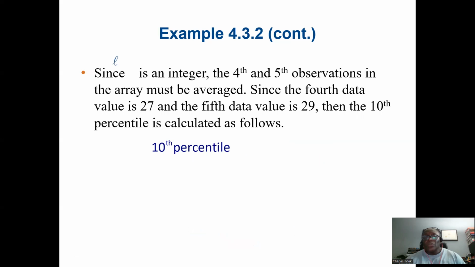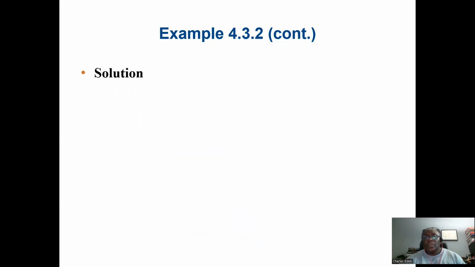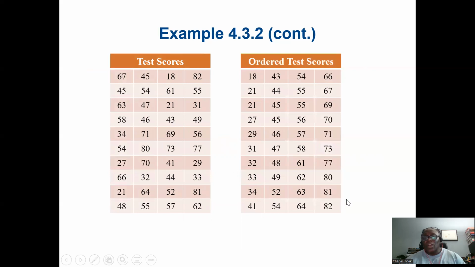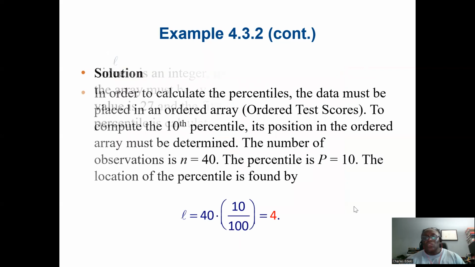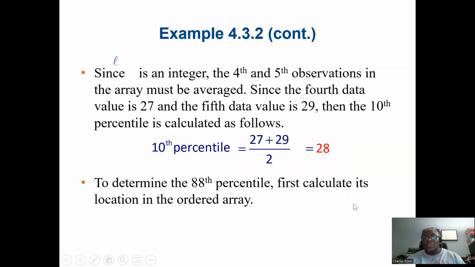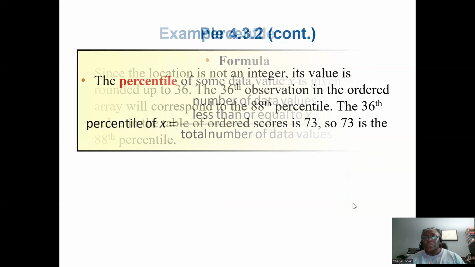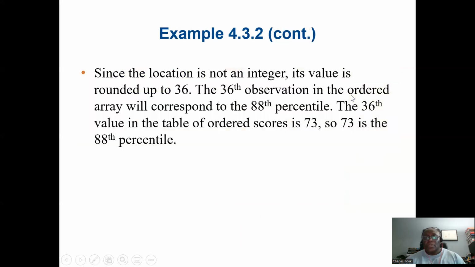Again, let's look at the table. Reading down, at 73 comes 77, which will be our 37th, then 38, 39, 40, and the last value is 82. So the 36th value in the table is 73, so 73 is the 88th percentile.